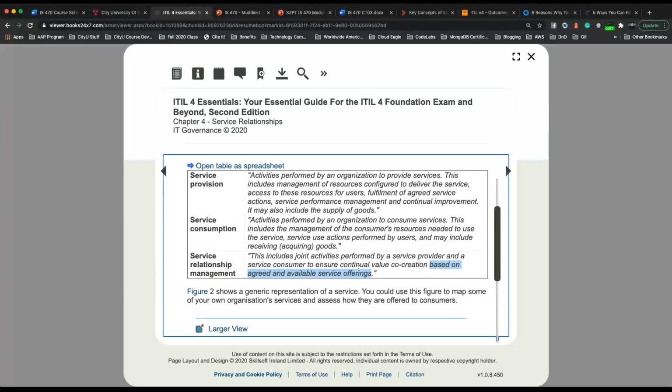Maybe an improvement, maybe a different feature, maybe fixing a bug. That also creates value for the service provider as they can improve or introduce new services. And most of the time, we hear them as partnerships.